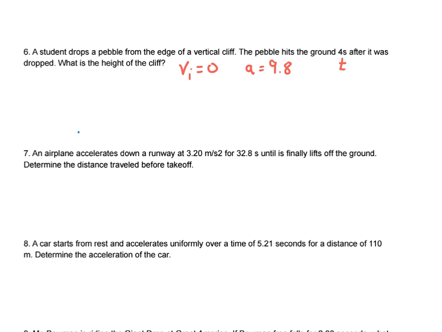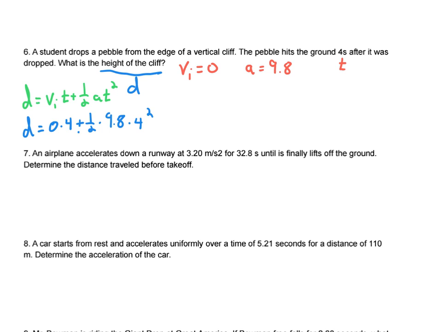So with this, now we do have 3 pieces of information, and we can figure out the height of the cliff, or d. The only thing we are missing is final velocity, and we don't care about final velocity, so we'll pick the equation that is d equals initial velocity times time plus 1/2 at squared, and then fill in all of the information. We don't know distance, but initial velocity is 0, time is 4 seconds, 1/2 times 9.8 times 4 squared.